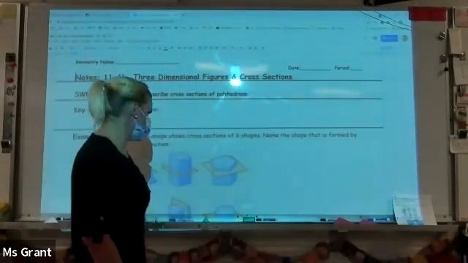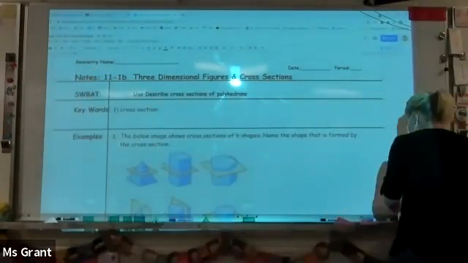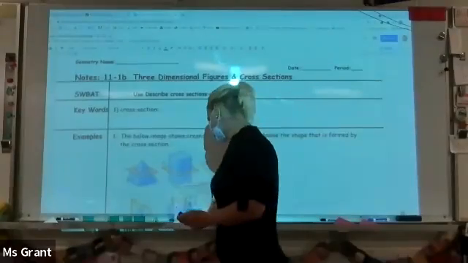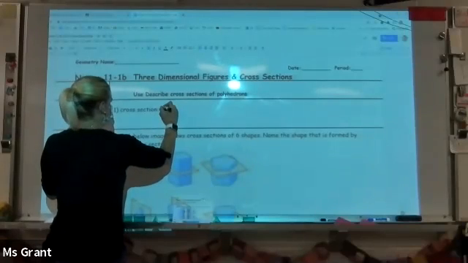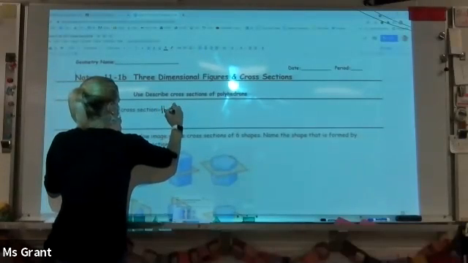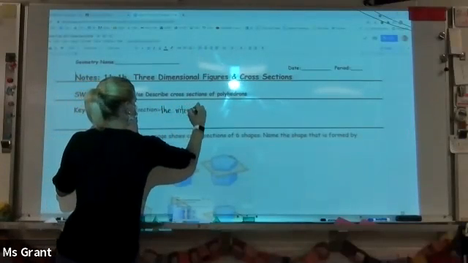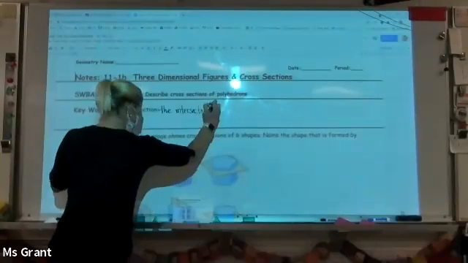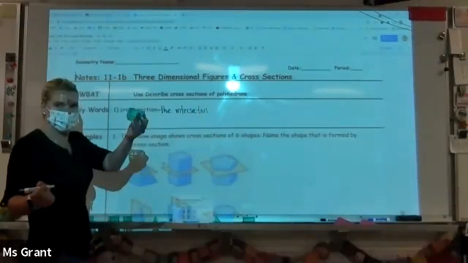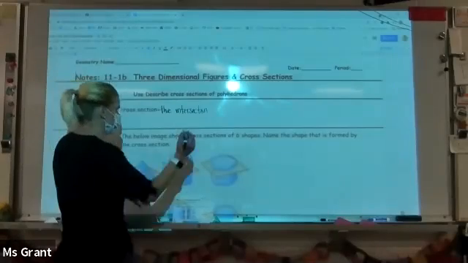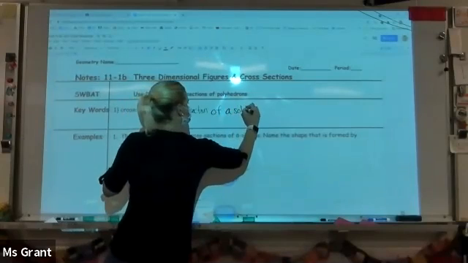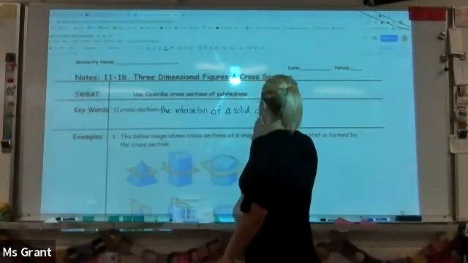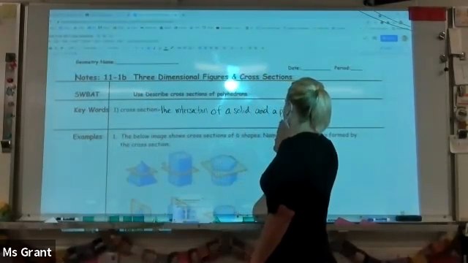So a cross section is the intersection of a solid, so this shape, a solid figure, a three-dimensional figure, the intersection of a solid and a plane.